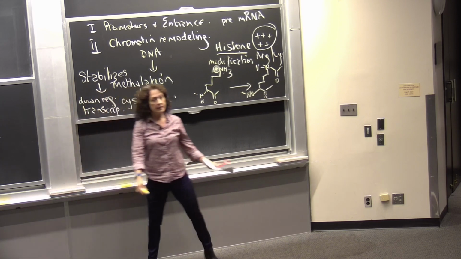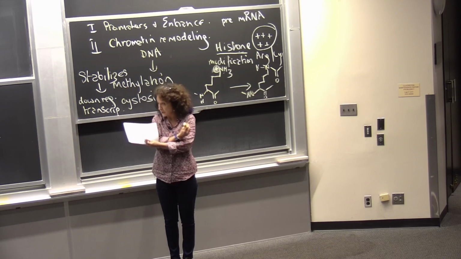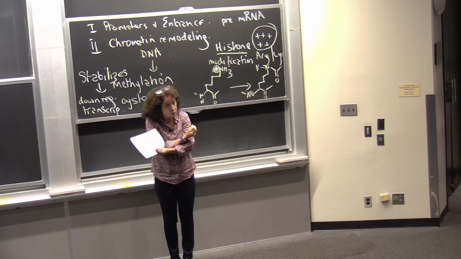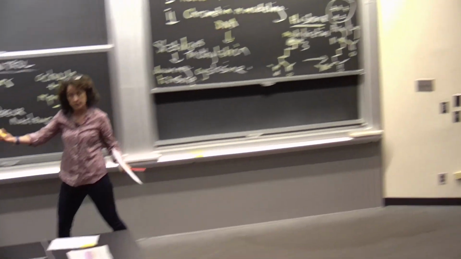Okay, so DNA methylation causes the chromatin to be a bit more compact and more stable. It's much harder to unravel the DNA. It's obviously then harder to start transcription.